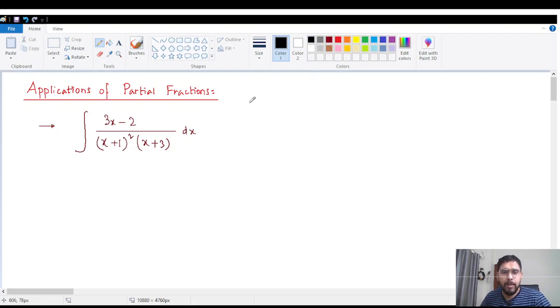We will start with forming the partial fraction of this expression. So how are we going to do it? First, 3x minus 2 over x plus 1 whole square and x plus 3. We are going to write the partial fraction of this.